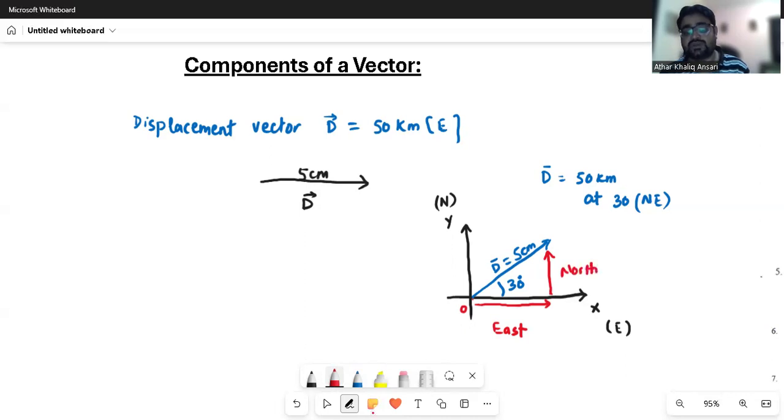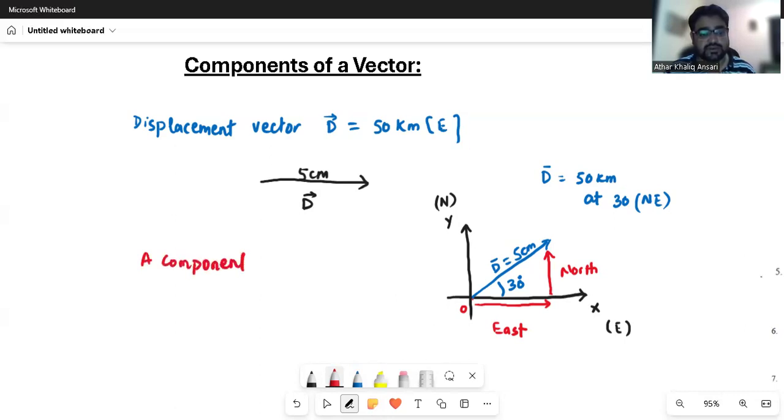So if any vector is inside the plane, to draw it in the plane, you need two dimensions, that is along the positive x-axis and along the positive y-axis. These parts toward east and north are called components.